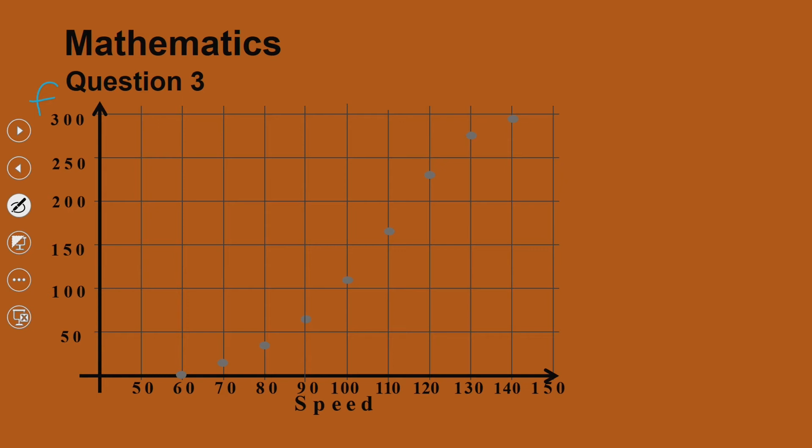We pay attention to the scale, very important, starting from 0 up to 50. Because we look at our data and that directs us on how our scale should be, we move from 50 up to 100, which means our scale is a scale of 50.